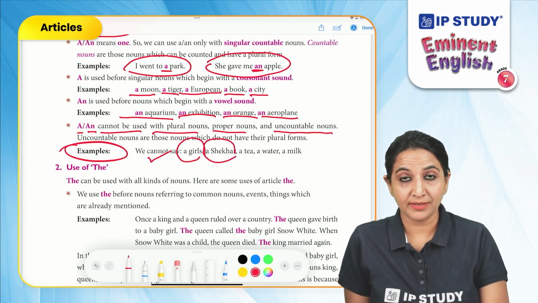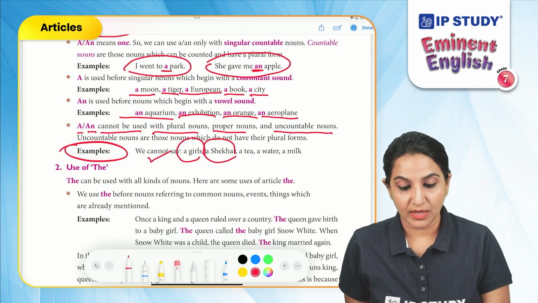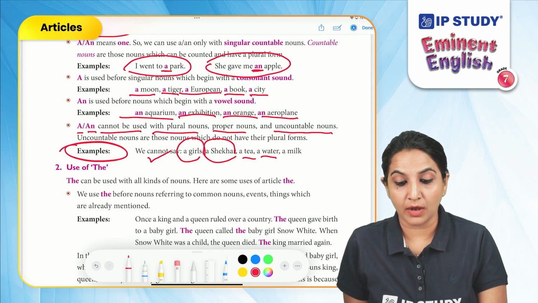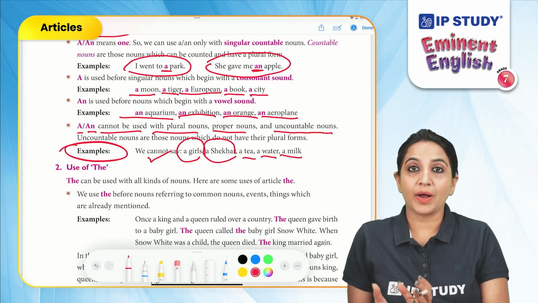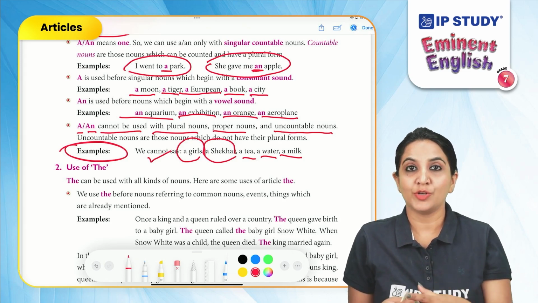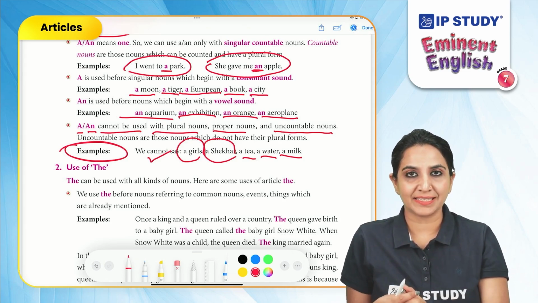Shekhar is a proper noun, but we cannot say a shekhar. A tea, a water, a milk. Why? Because when we are referring to girls, that's a plural noun. So, article a and an will not be used in these cases.